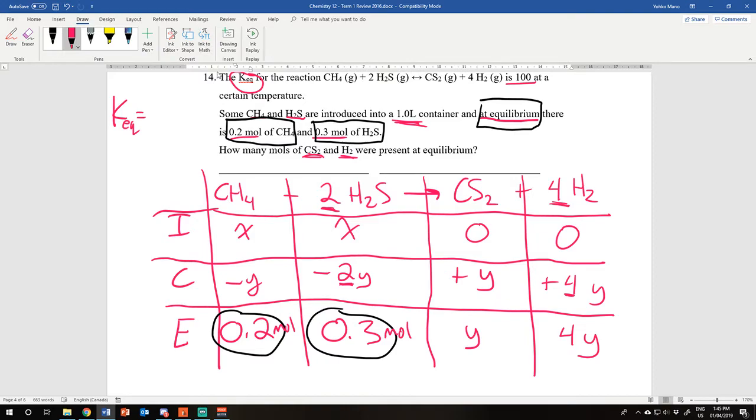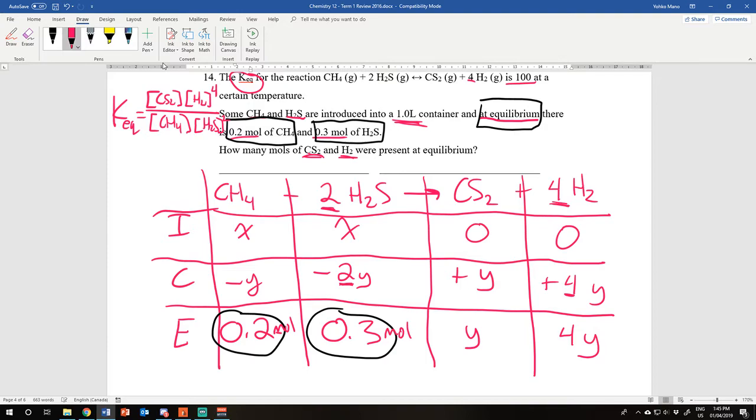So Keq is the concentration of products, concentration of CS2 times concentration of H2, but I've got 4 of them, so that's to the power of 4, over the concentration of the reactants, which is CH4 and H2S, but I've got 2 of those. Okay, so that's my Keq.